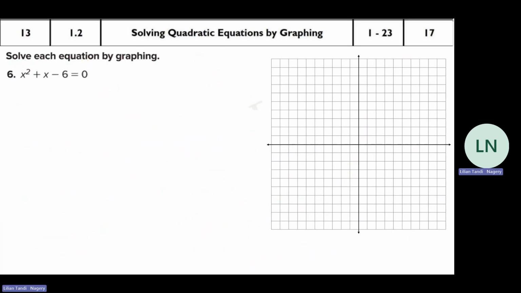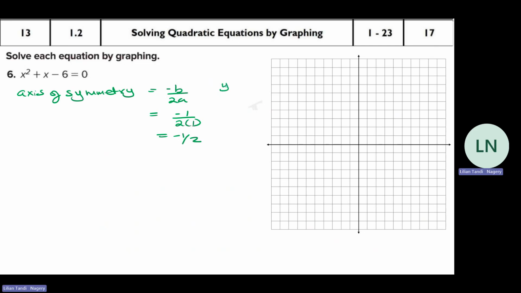Don't forget to find your solutions. It's not just picking the graph, it is also finding the solutions. Okay. So when I did this, I found my axis of symmetry to be negative b over 2a, which gives me -1 over 2 times 1, which gave me -1/2. Okay.